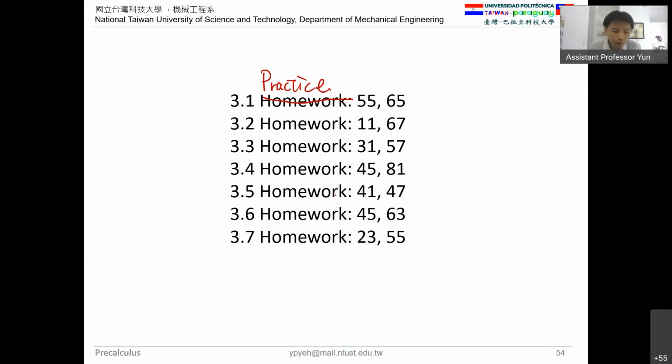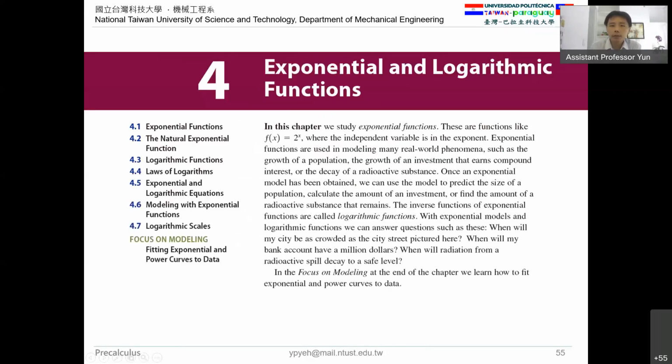Okay. And also that will help you to understand what we learned in this chapter. Okay. And if there are no questions, I think maybe we just continue to our next chapter, and we will finish that before 12 o'clock. Okay.